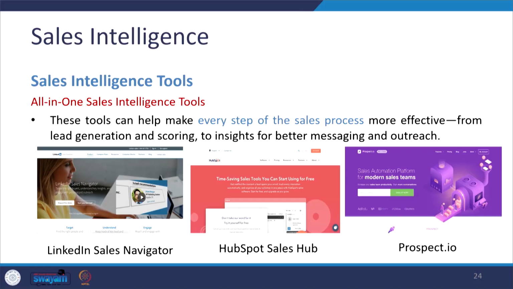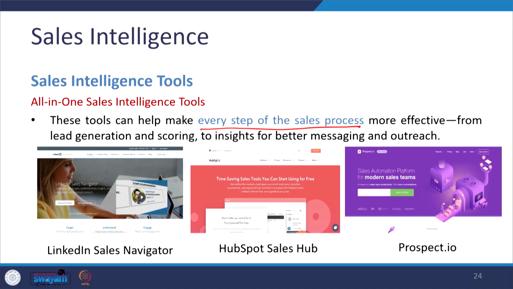So, first one is all-in-one sales intelligence tools. These tools can help with every step of the sales process, right from prospecting to converting a lead into a customer. So across every step of the sales process, these tools can help us, right from lead generation and lead scoring to insights for better messaging and even outreach as well. These kinds of all-in-one sales intelligence tools are there in the market.